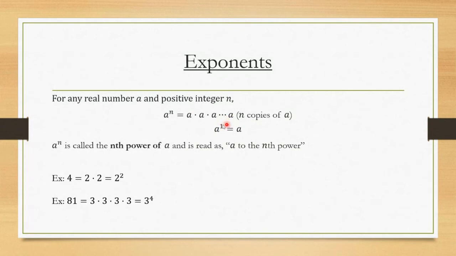In other words, you have n copies of a and you multiply them all together. And really, by definition, a to the 1 is a. So this is really a definition for us.